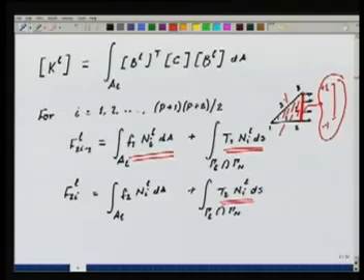For an edge which does not lie on the domain boundary, like here these internal edges, I do not do anything. For an edge which lies on a domain boundary with zero displacement or zero traction conditions, I don't do anything, because those integrals on the right hand side become 0.